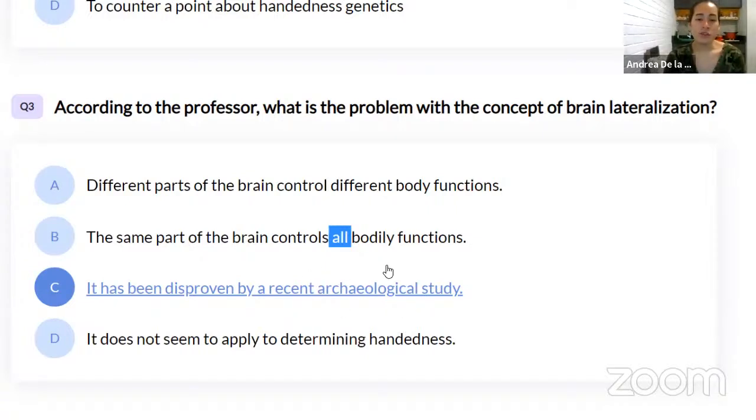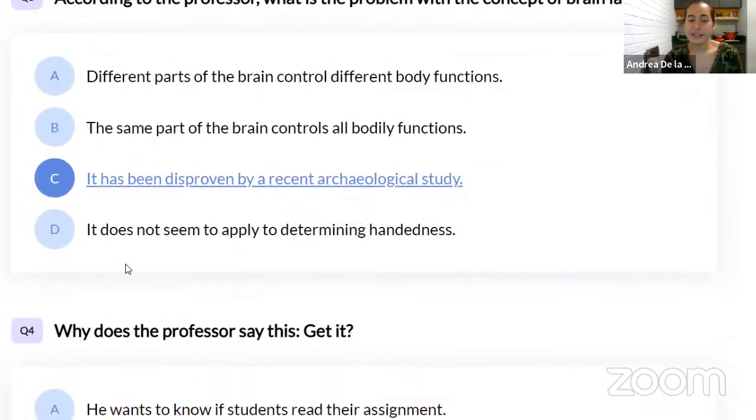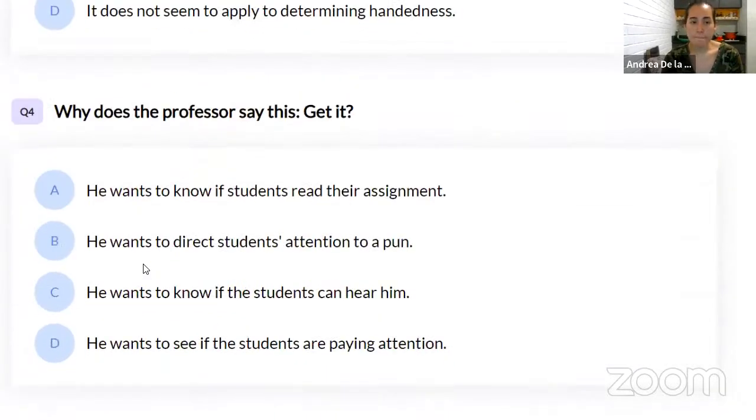So I think that the archaeological study was mentioned later when they were talking about how the environment influences handedness, but not when they were talking about the biological part, right? How our biology influences. I don't know. I'm sorry. Okay, we're gonna see when we get to the answers.